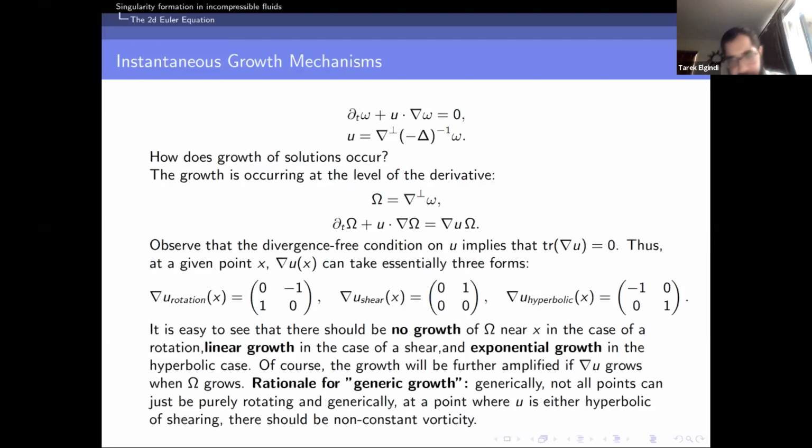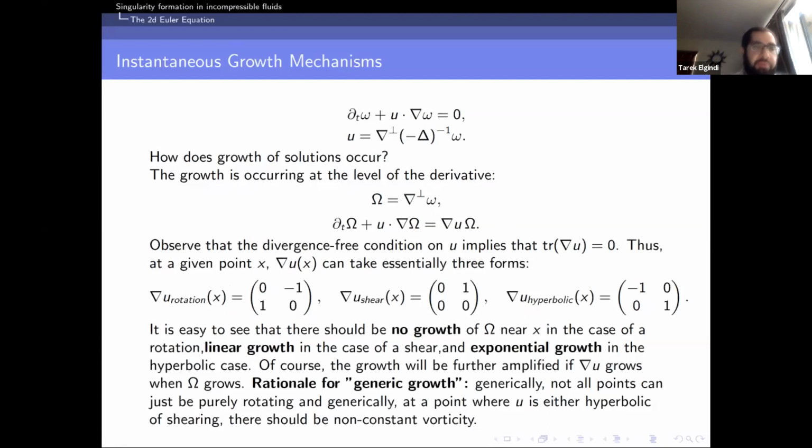And generically, further, at those points, there should be non-constant vorticity. And so in a generic fluid, there should be growth of capital omega, so the derivative of vorticity should be growing.